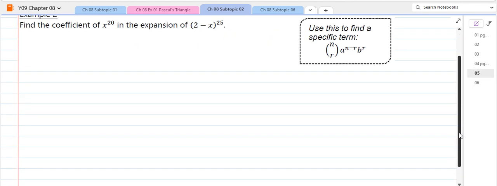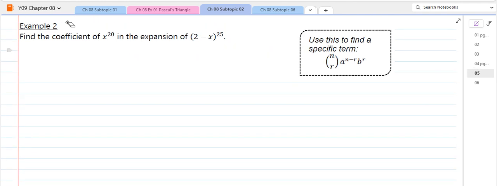The next example is finding the coefficient of x to the power of 20 in the expansion of 2 minus x, everything to the power of 25. You can see there's a lot of power here, n, and the coefficient you're looking for is x to the power of 20.